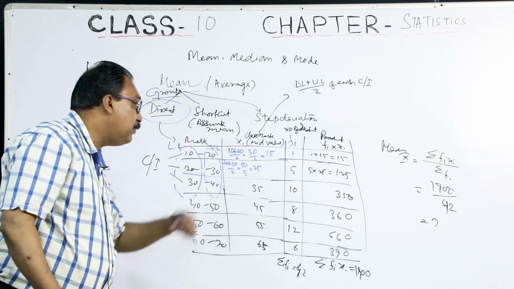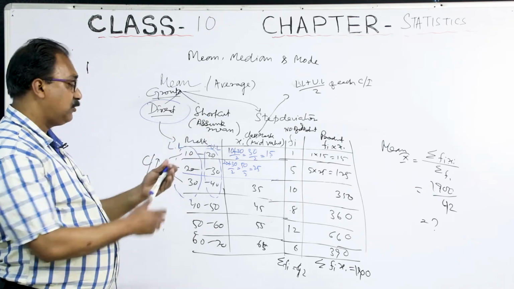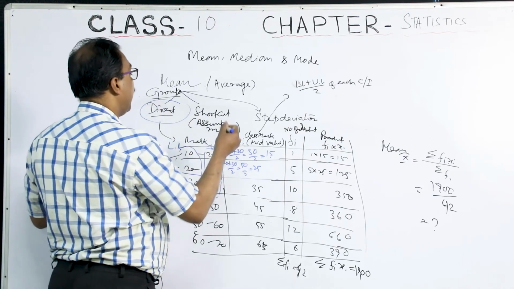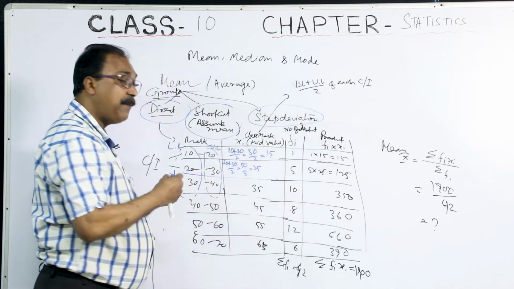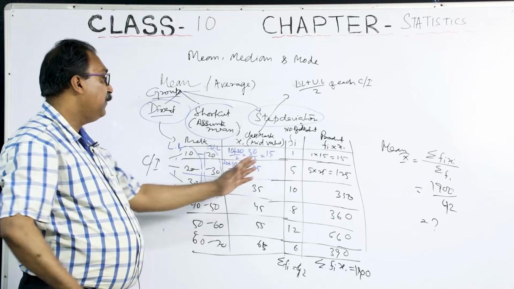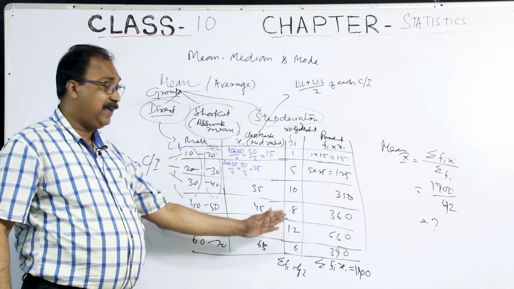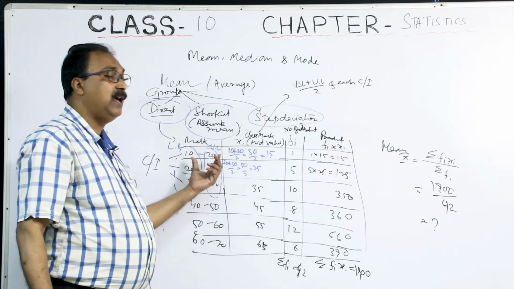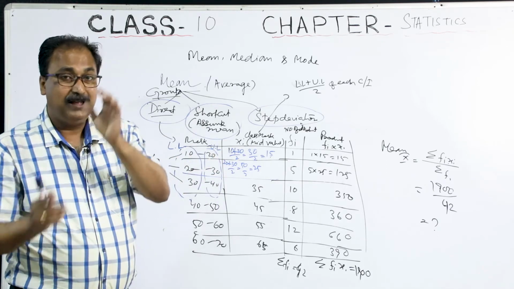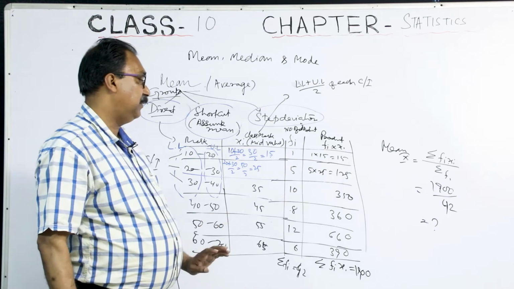Okay. When we can do direct method, why other two methods also there? Look at the other methods. One is assume mean method, shortcut, and step deviation. The question is when you have to do what method? If the number of things like number of students or employees are very small and range of the class interval are small amount, that time you can go for direct method.